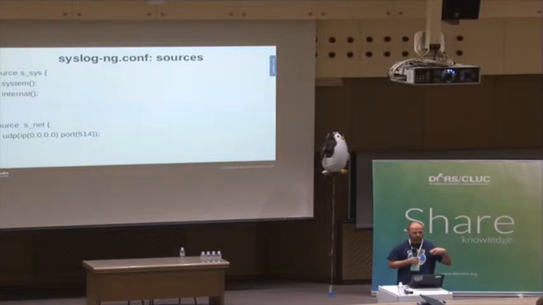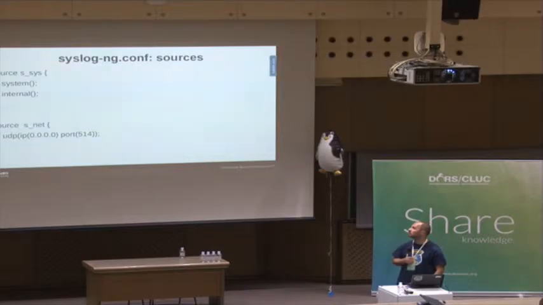So you don't have to make a different configuration for Journal or Devlog or a FreeBSD or a Solaris machine or AIX, as the system source hides all of these system-specific details and collects all of the platform-specific log messages. The internal stands for syslog-ng's internal messages. The next one is a network source. It's a UDP source.